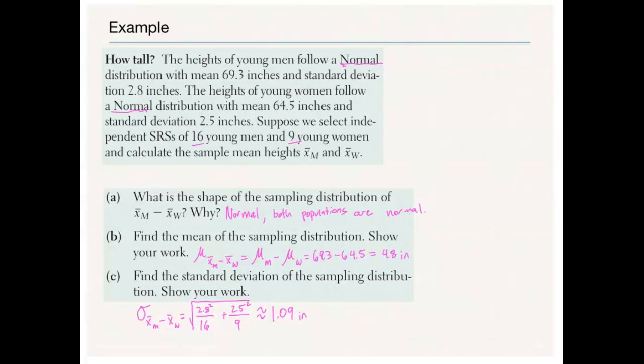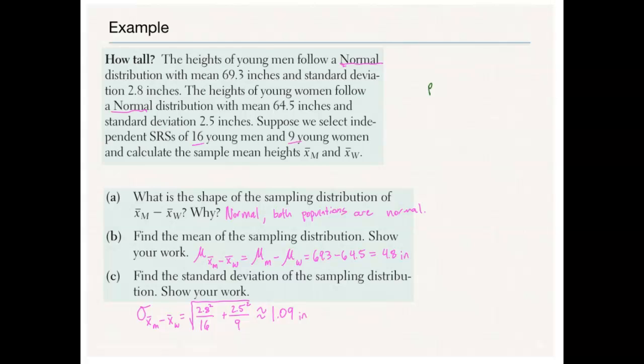All right, and the last thing I'll mention: what could I do with this? What possible reason would there be for this? Let's say I'm trying to compare men's heights to women's heights, and I want to know the probability that the average man is taller than the average woman.